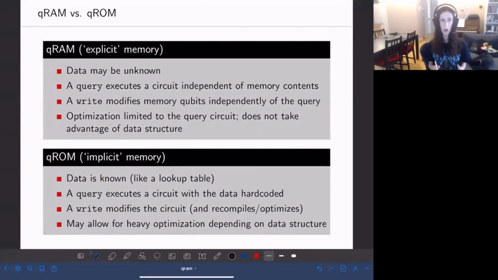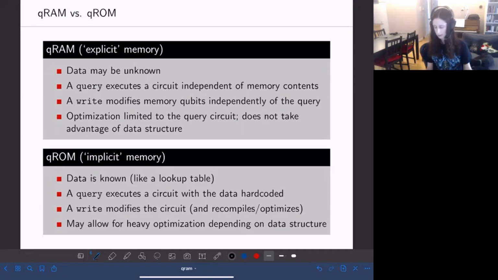On the other hand, qROM, which we called implicit memory, the data is known. A qROM is essentially like a lookup table. When you query it, you're executing a circuit that, depending on the address you put in, gives you the right output because you know what the right output is supposed to be, but without a bunch of extra qubits sitting there actually holding the memory contents.